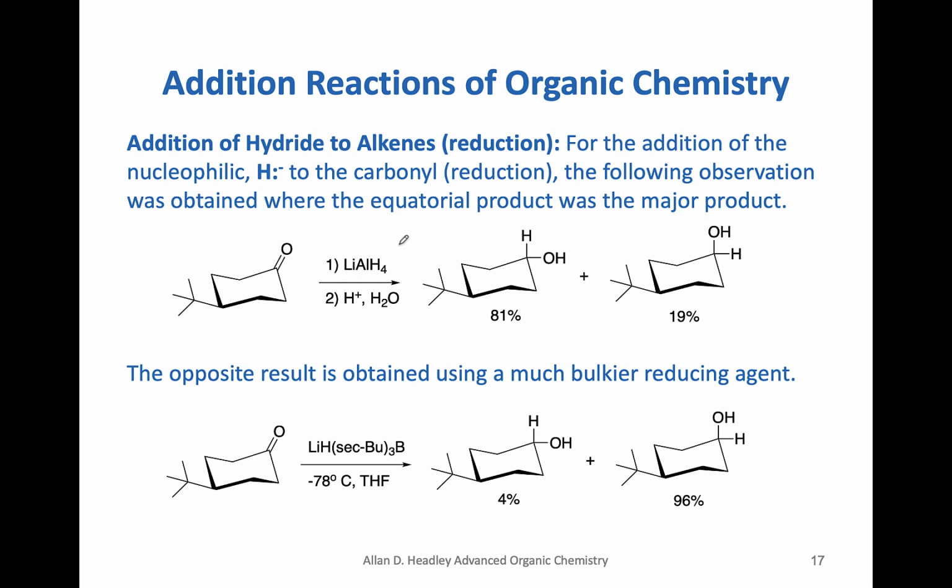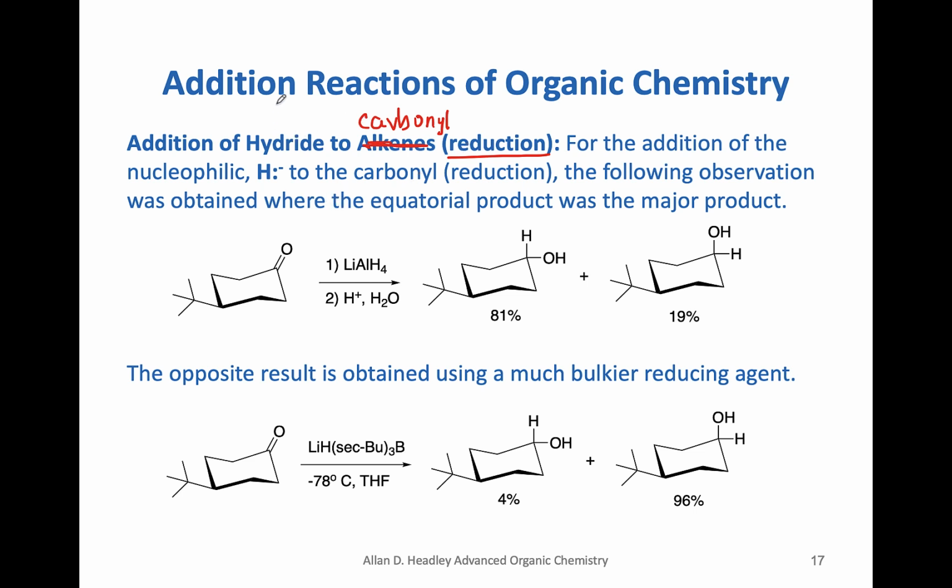Let us look at this one. Again, this should be carbonyl, because I didn't change that. I'll change that again on this slide before I post them. So this is the addition of hydride to carbonyls. Really it is reduction, because as you will recall, reduction is the supply of electrons.